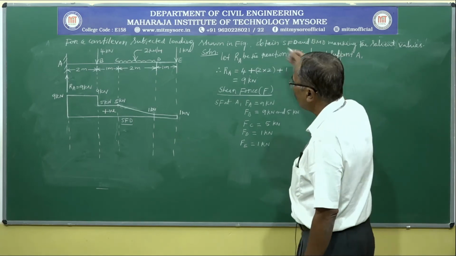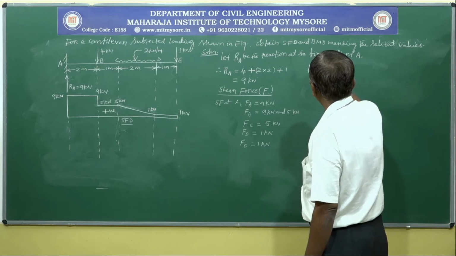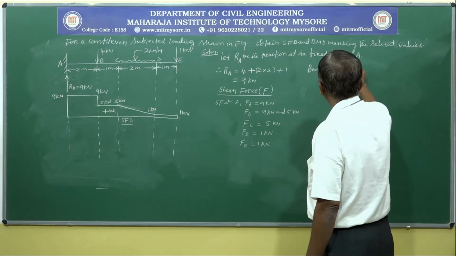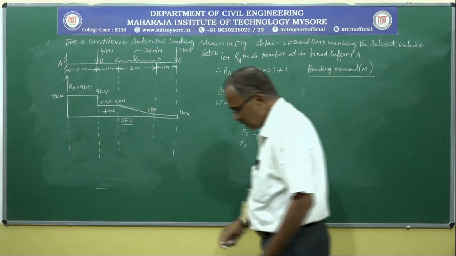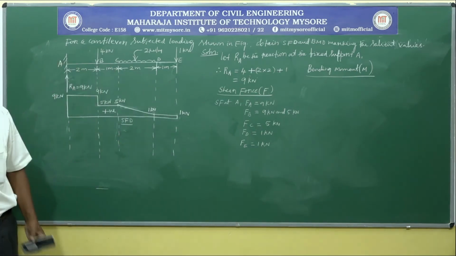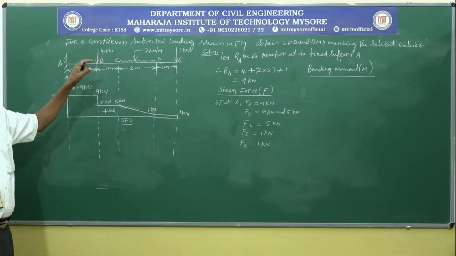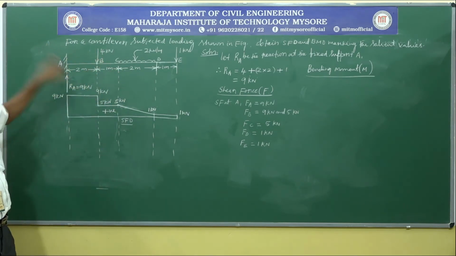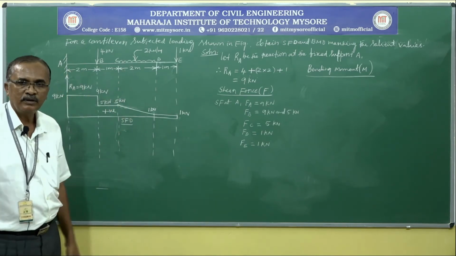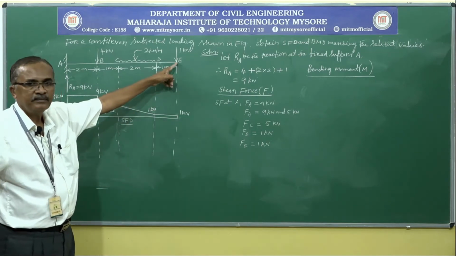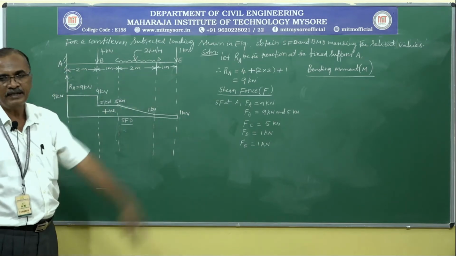Next, to draw bending moment diagram, we have to calculate bending moments at various salient points. Now we used to proceed from left hand side to right hand side for all the previous cases. Now in case of cantilever, for easy purpose we proceed from free end towards the fixed end by considering all the forces acting towards the right hand side.